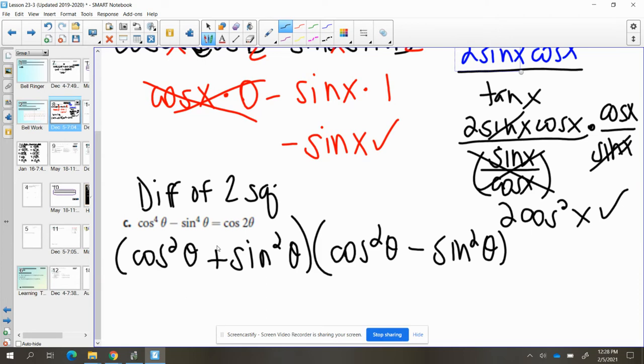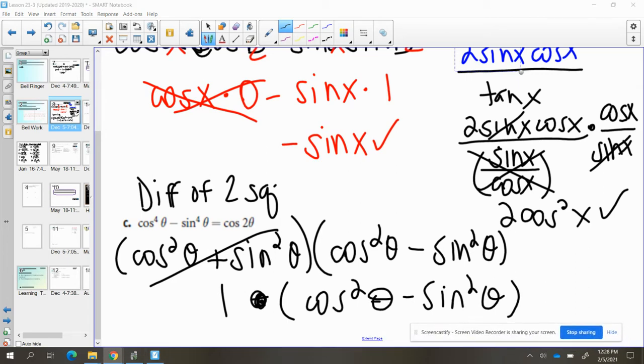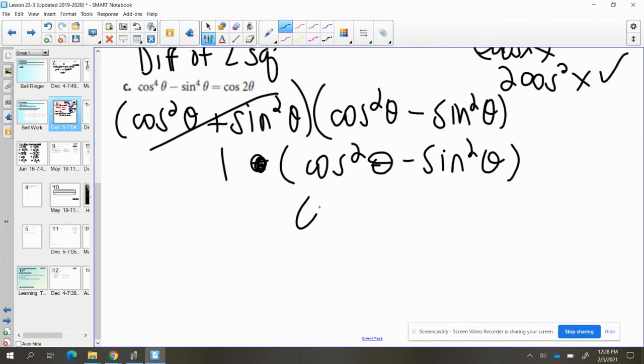Now we know that cosine squared plus sine squared is just 1. Then if you're multiplying that by cosine squared theta minus sine squared theta, well, we know that this is one of the ways we can write our double angle formula for cosine. So again, it checks out that we get that answer there for verification. Okay.